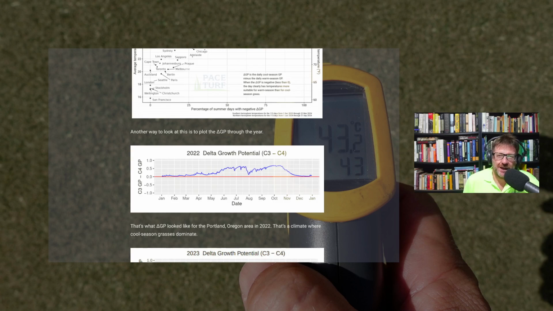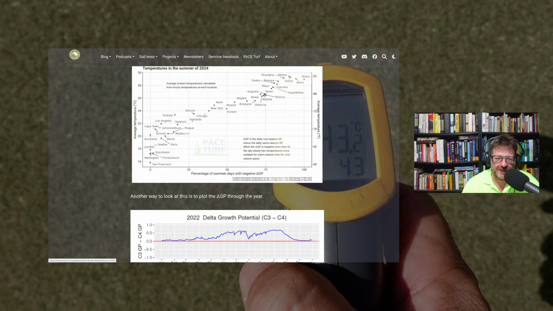But in some places, it's getting cool already going into the time around the autumnal equinox. And in other parts of the world, it starts getting hot before the summer solstice. And in fact, I looked this up for many places, as shown on that chart that's in the blog post that is from Pace Turf.